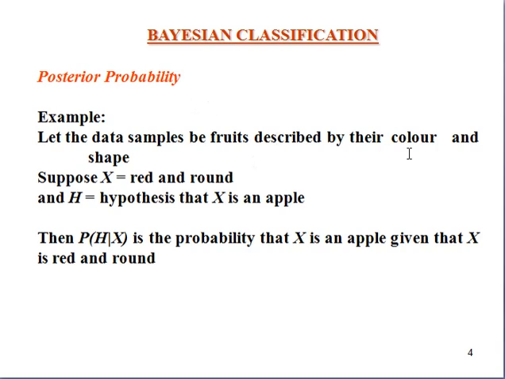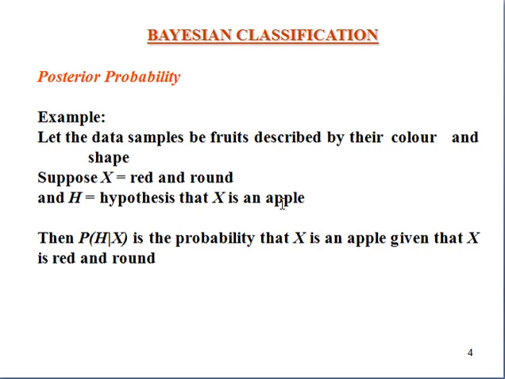If we consider that the data samples are fruits, described by their colors and shape, then x is a data sample that is red and round. So this is the example we are considering here: x equals red and round, and our hypothesis h is that this x, which is red in color and round in shape, is an apple.